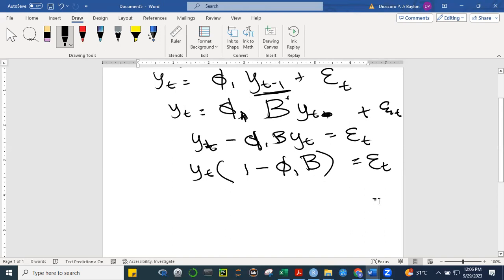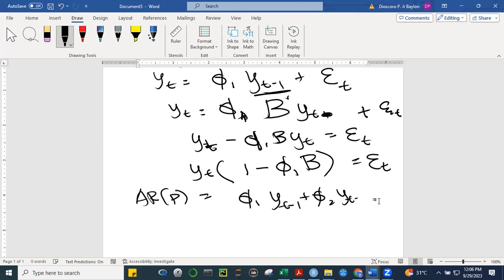Okay, in general, class, we said an ARP process is equal to, again, phi sub 1 times y sub t minus 1 plus phi sub 2, y sub t minus 2 plus dot dot dot plus your phi p minus 1 times y sub t minus p minus 1, second to the last, and then finally plus phi sub p, the last one, times y sub t minus p.